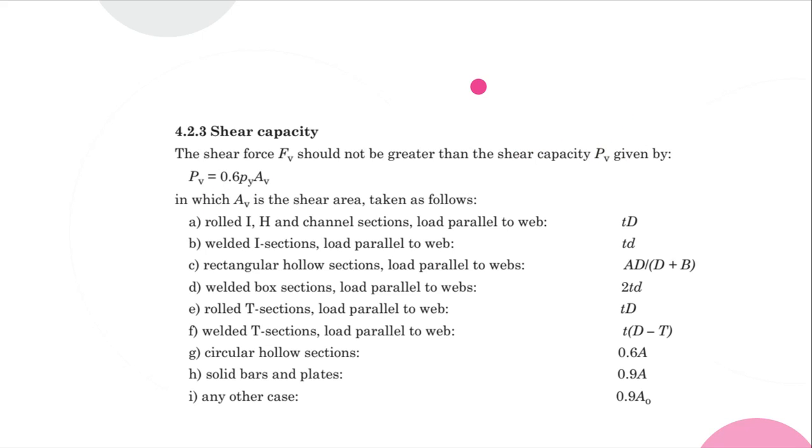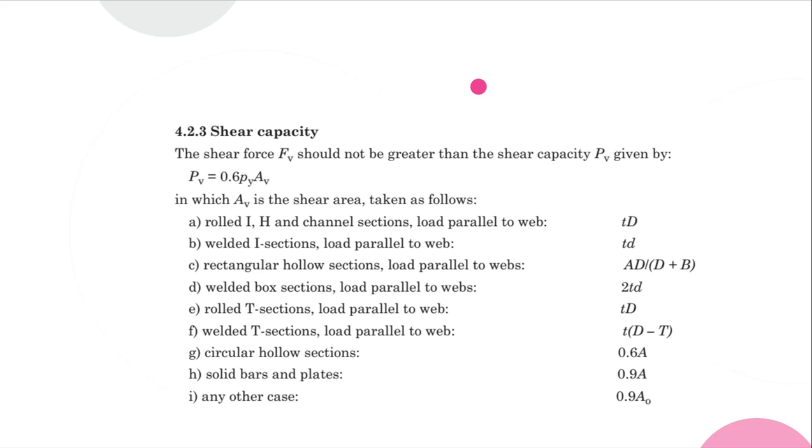This is taken from the BS, I did not make up the formula myself. So the formula is 0.6 PY AV. PY is the steel strength, and then AV is the area. It depends on what type of beam you have.